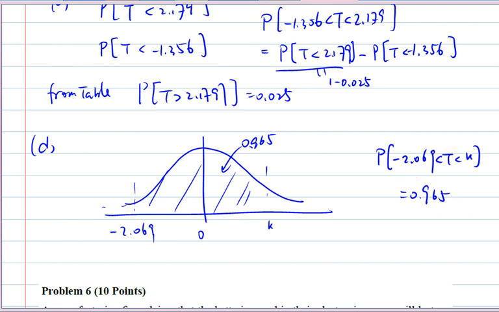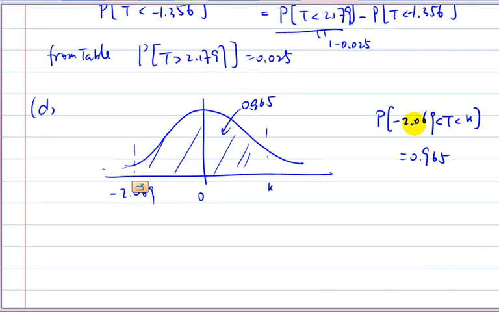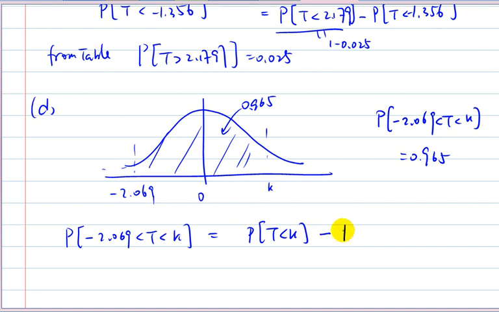So how about from the table? What do we get for the probability of negative 2.069? The probability of this equals the probability for T less than K minus the probability of T less than this.